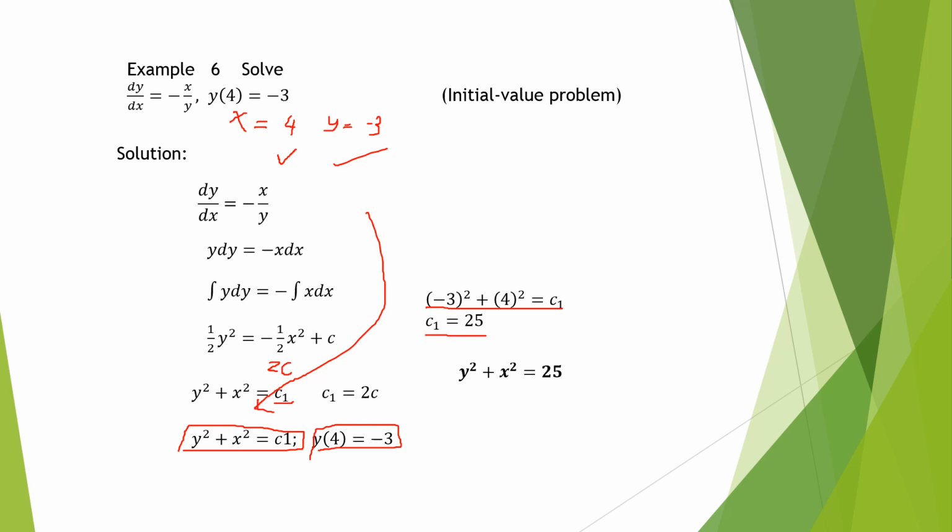Then plug the value of c1 there. So you have the final equation, y squared plus x squared equals 25. This is what we call the particular solution, because you no longer have a value of arbitrary constants.